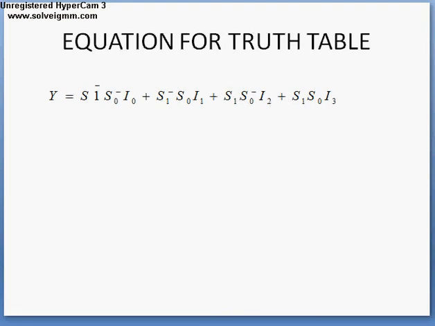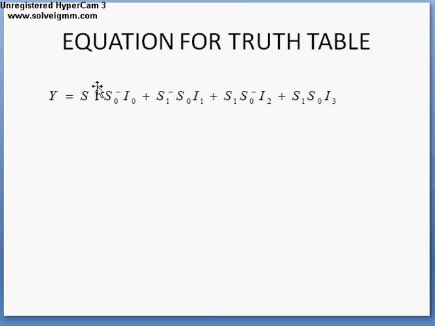Okay. Now coming to the logic diagram of this 4:1 multiplexer. You can calculate these equations on the basis of the truth table, and on the basis of this you can easily draw the circuit diagram or the logic diagram of the 4 to 1 multiplexer.